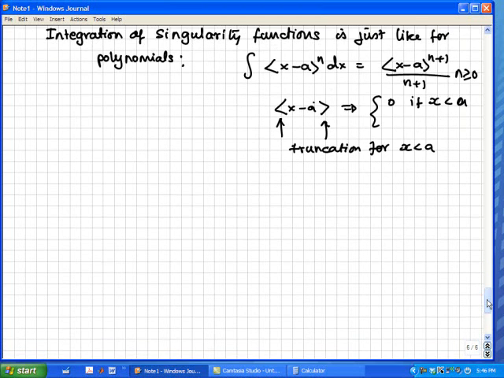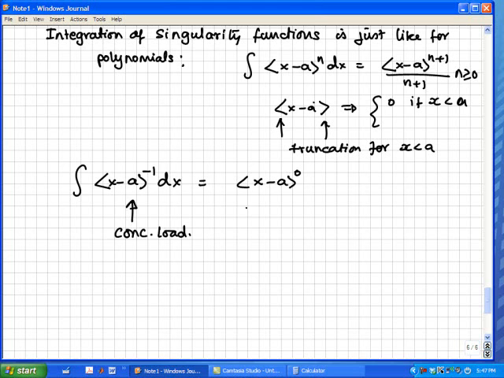So we have two new rules for negative numbers. The integral of <x minus a> to the power minus 1 dx is <x minus a> to the 0. What it tells us is that the integral of a concentrated load is a uniform load.